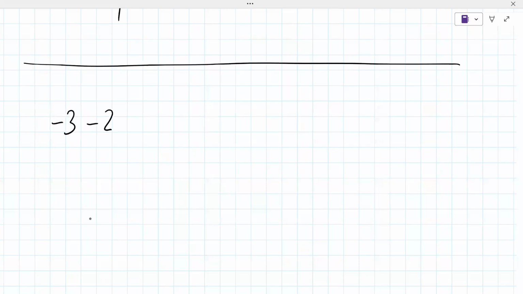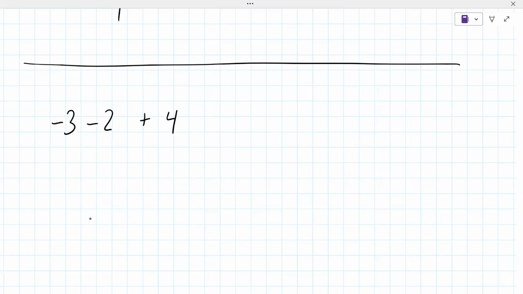Okay, so here's one for you to try on your own here. -3 plus -2 plus 4. Okay, I think I could get this. Both the same signs, so of course it's going to be negative.